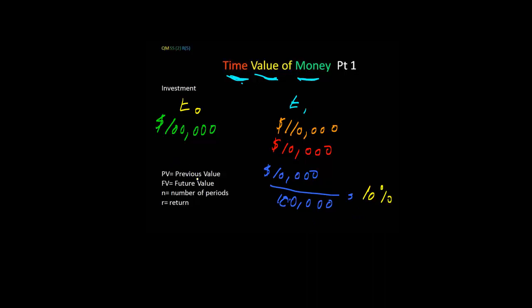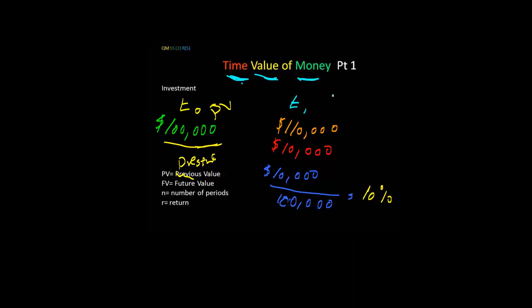Now, we started with this number, the $100,000 here. We'll call this our present value, PV. And at T1, this is called the future value.